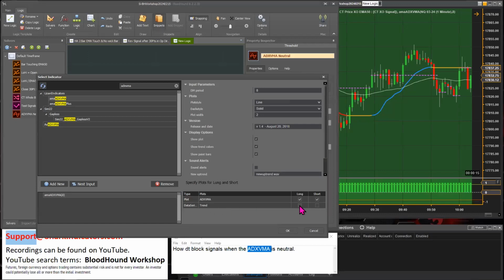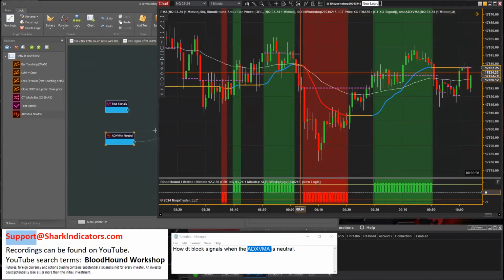Which is really the best way to identify when the ADXVMA is in a trend or neutral. And you can see it identifies perfectly when the ADXVMA is neutral.